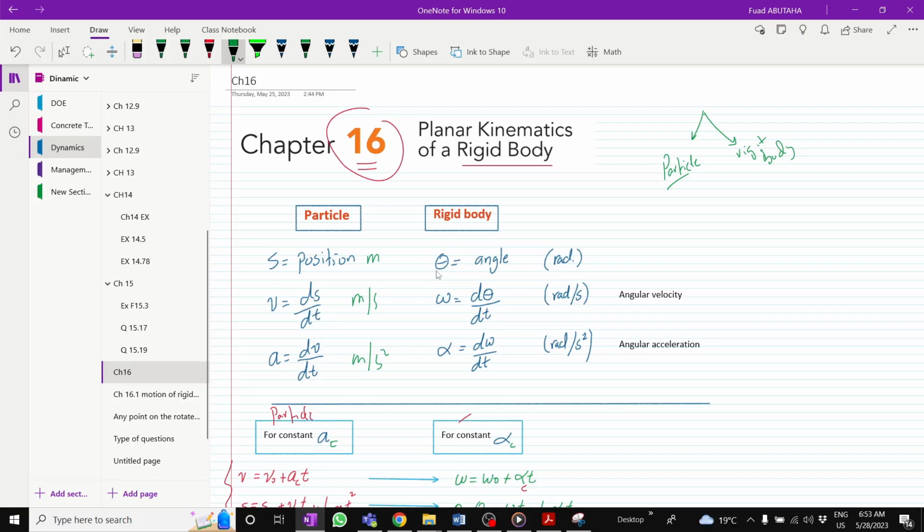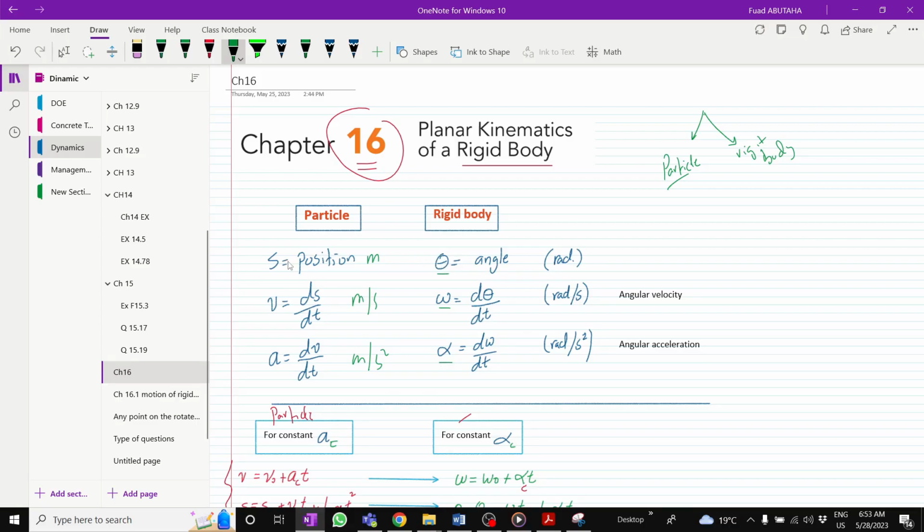Now we'll start using new notation. Instead of the position, we'll call it theta. Instead of the velocity, we'll call it omega. And instead of the acceleration a, we'll call it alpha.